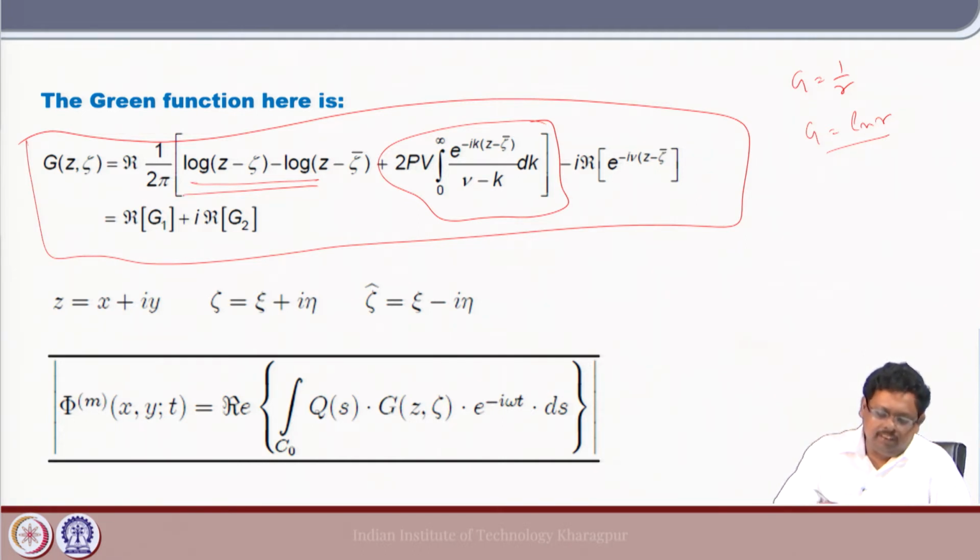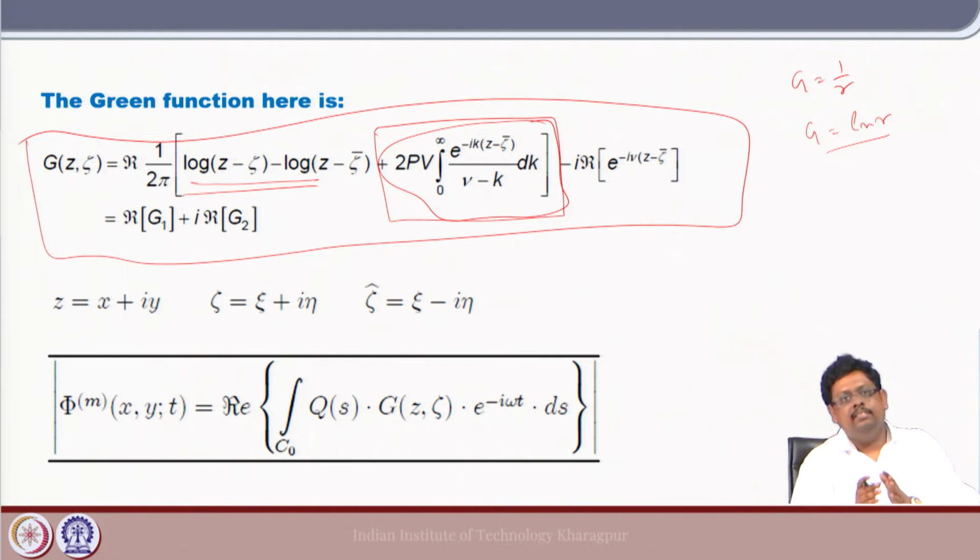However, it is still difficult, and we have to deal with this also, and how to deal with ln r, etcetera. At least for 1 upon r we have discussed, but the major difficulty is in the calculation of this particular term, which we call the regular term.